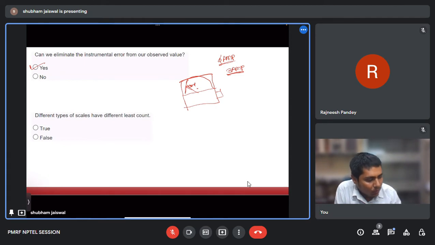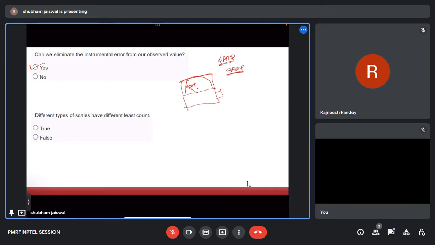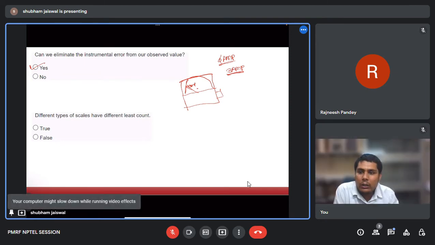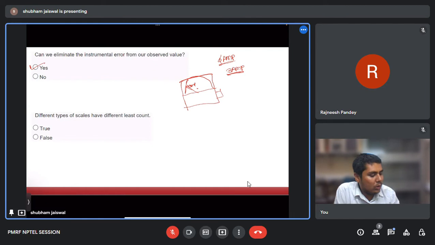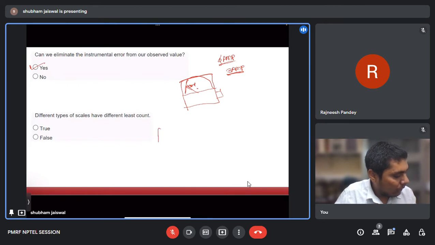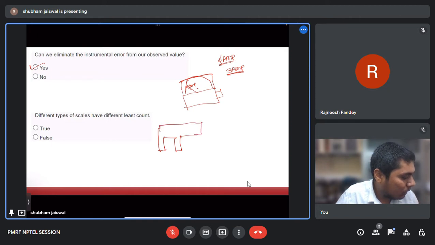The second question is: different types of scales have different least count. Is this true or false? Can anyone tell me? Okay, let's consider 3 types of scale. One is the vernier scale.